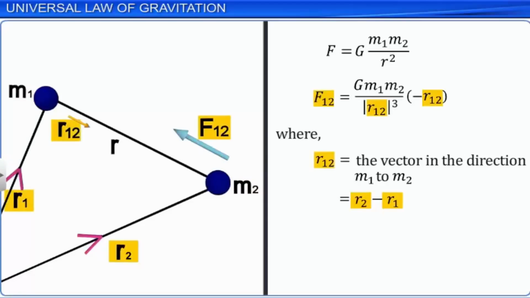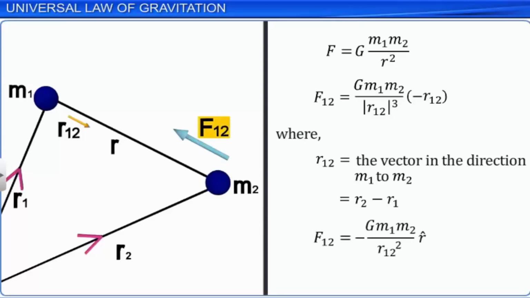The negative sign indicates that the force is an attractive force and acts in the direction of minus r12, which is m2 to m1. Thus, the same expression can be written as F12 equals minus G m1 m2 by r12 squared into r cap, where r cap is the unit vector in the direction m1 to m2.